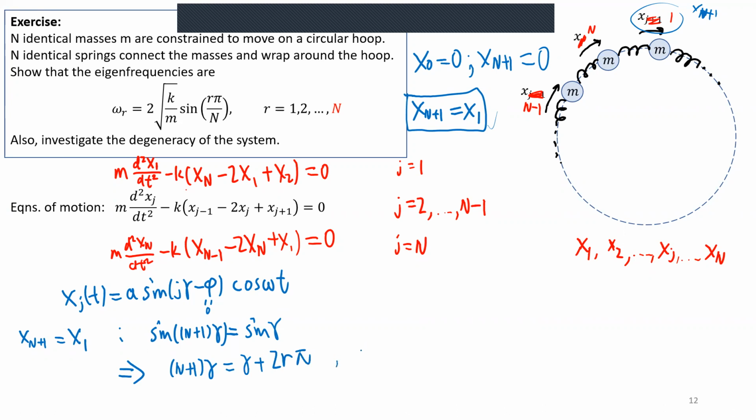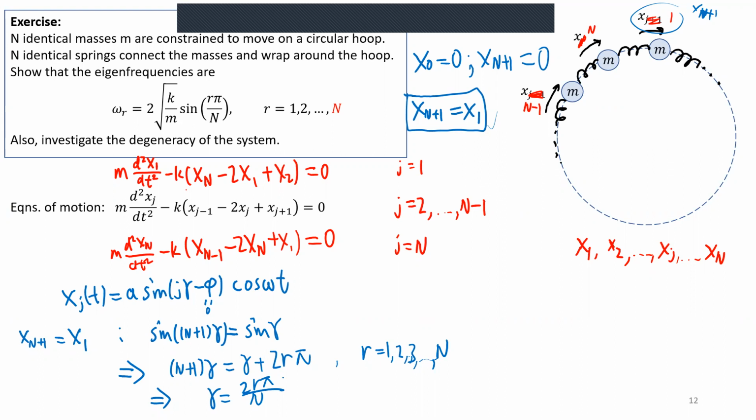Again, r can be any integer. And that means gamma is 2r pi divided by n. Again, here r can be any integer. That means we have infinitely many choices. But again, as we have n particles oscillators, we expect that r just goes from 1 all the way up to n, and that's sufficient.